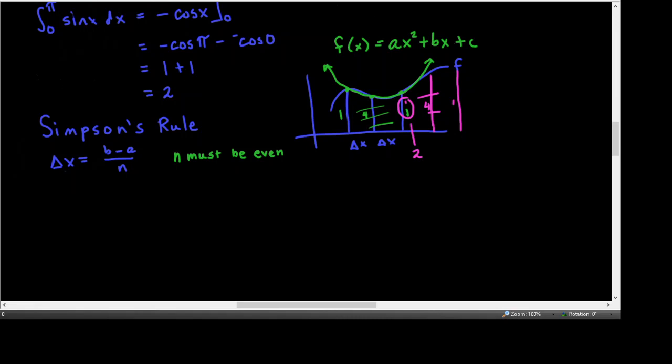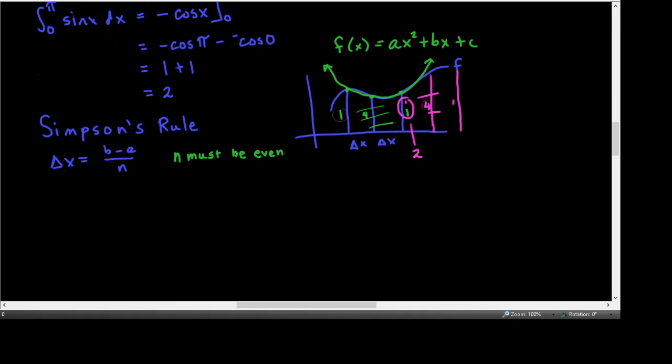So what happens in this formula is that you have this alternation. You start with one of them. This leftmost one will be used just once, this one right here. Then it'll be 4, then 2, then 4, then 2, then 4, then 2, then 4, then 2, until the penultimate one will be 4, like this one here.